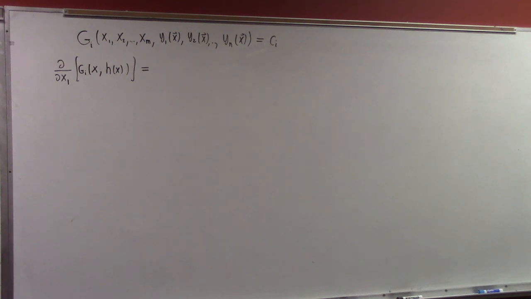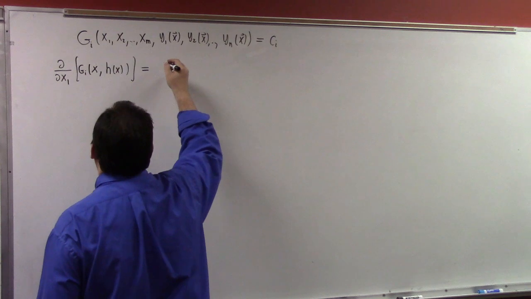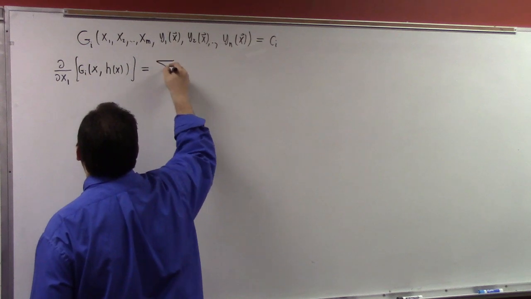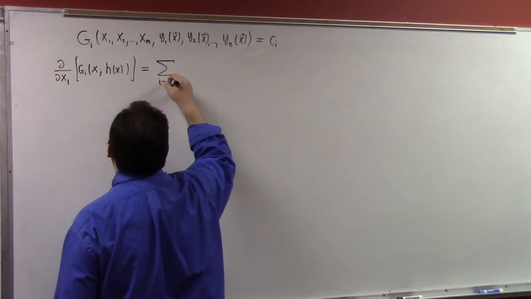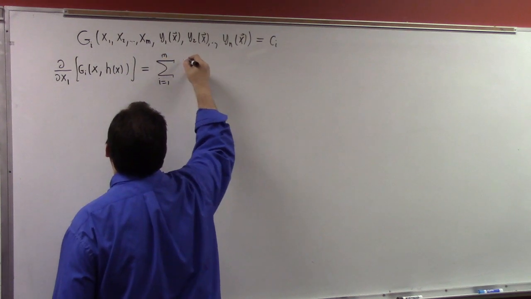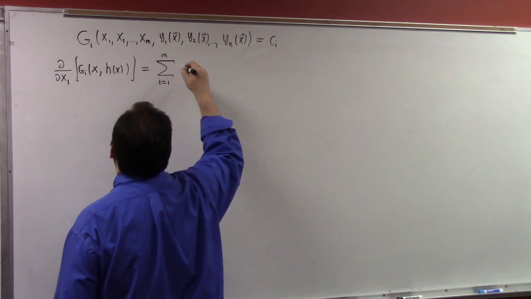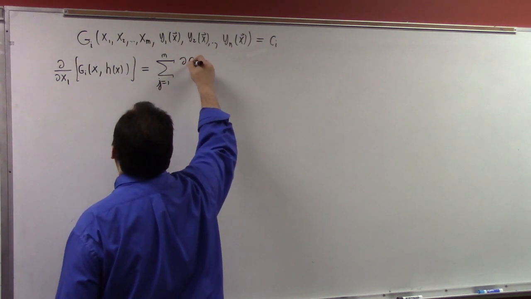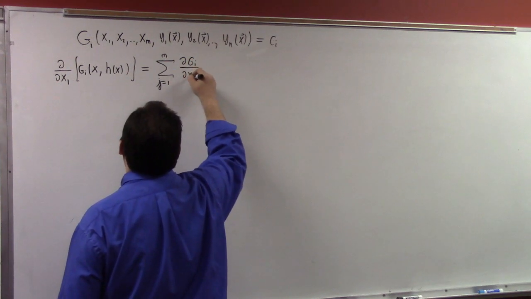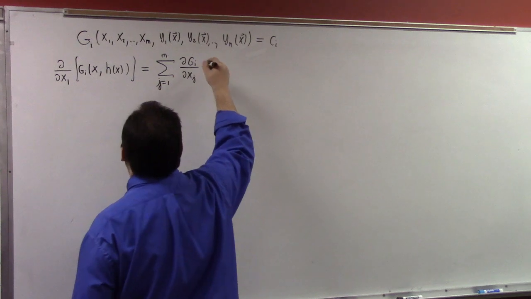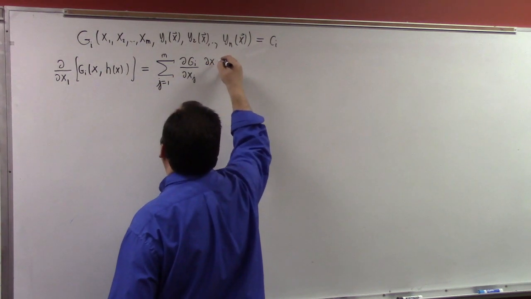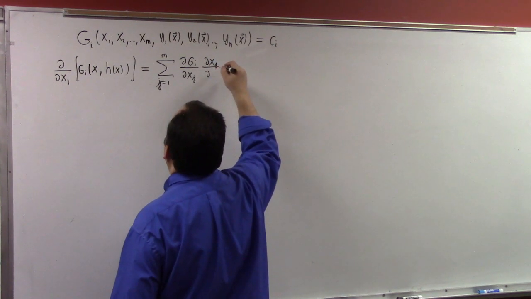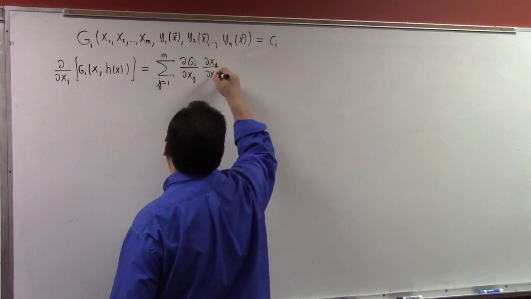All right, so the chain rule here says this is the sum, j equals 1 to m, I shouldn't use i, of partial g_i partial x_j at the point, times partial x_j partial x_1.